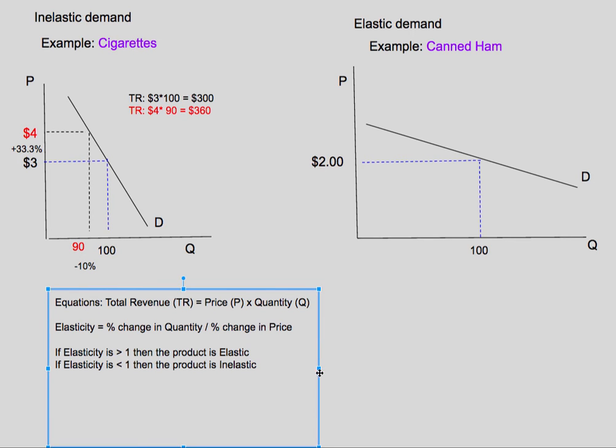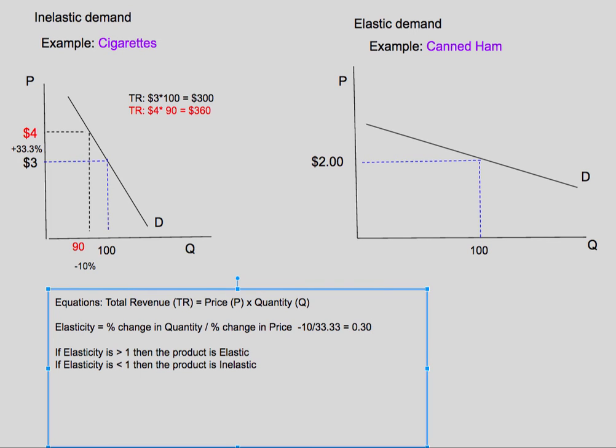And in this case, it will be minus 10 divided by 33.33, and since these are both percentages, we can drop the percentage sign, which will equal 0.30.